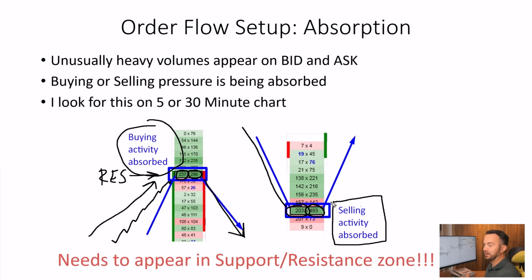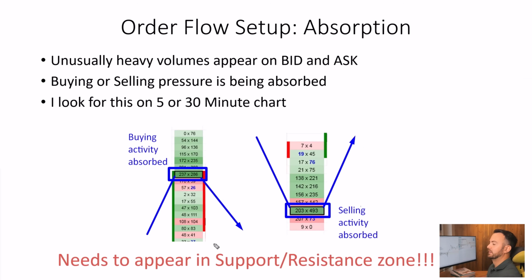Sellers are selling, pushing the price downwards, but at this level buyers step in and they start to buy everything the sellers have to sell. That's why the price stops moving, and from this place eventually the sellers run out of fuel and buyers take over and the price goes up. So that's the absorption. The market is absorbing buying or selling pressure.